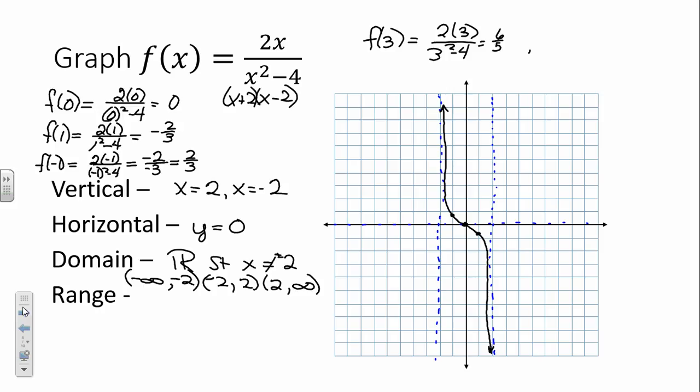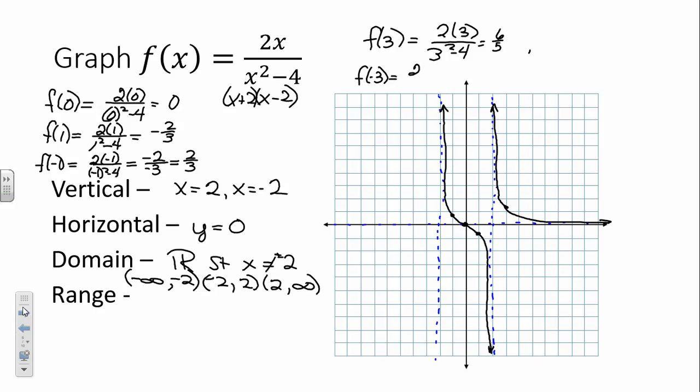So that's 1 1/5. When we're 3 over, we are 1 1/5 up. Can we see what's happening there? As we make our smooth curve, it's going to approach x equals 2, and then approach y equals 0, and never touch them. And now let's plug in f of negative 3.